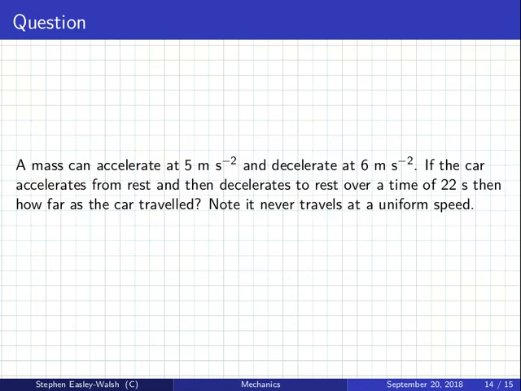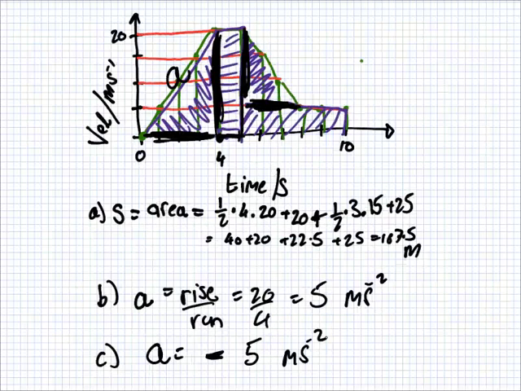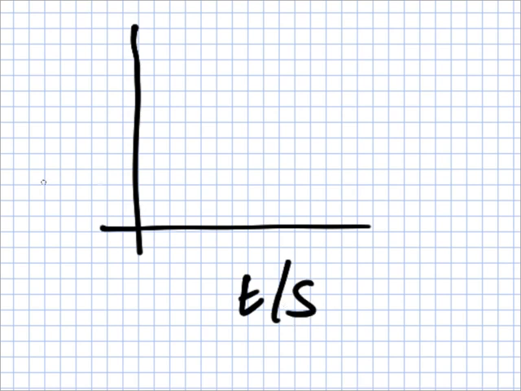A car can accelerate at 5 and decelerate at 6. If the car accelerates from rest and then decelerates to rest in 22 seconds, how far has the car travelled? So in this story, what's happening is this. Time, velocity.